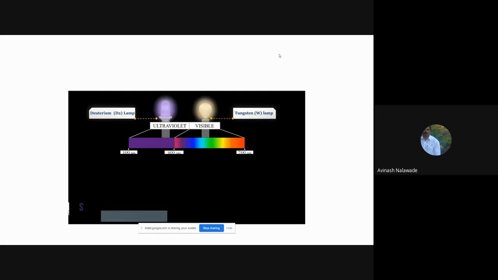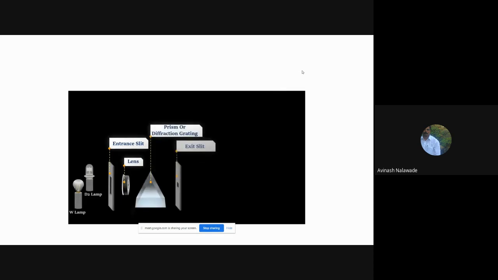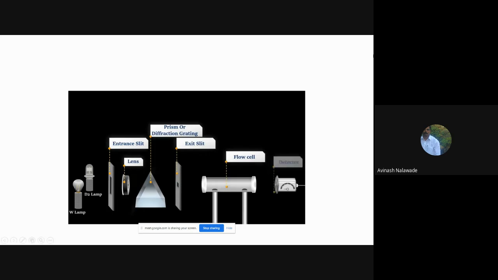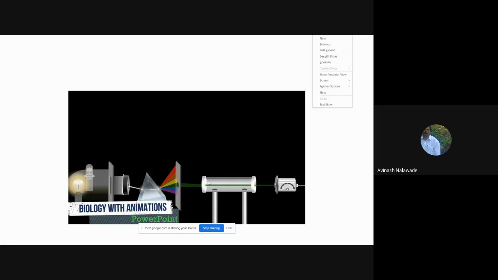Deuterium lamp in the UV region and tungsten lamp in the visible region. Then light passes through the entrance slit, then through lens, and then to the prism or grating diffraction system, then from the exit slit. Particularly, here see this part: a single wavelength of light passes through the detector. Through this part the column passes, our solution passes through the mixer and it gets detected. So this is about the UV visible detector.